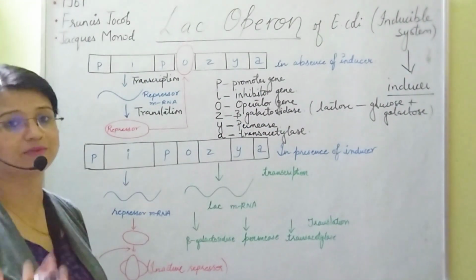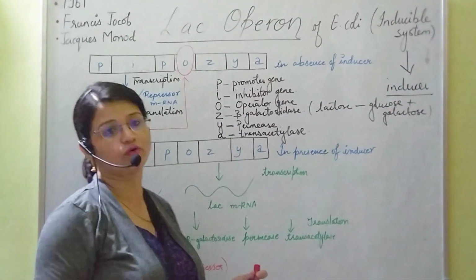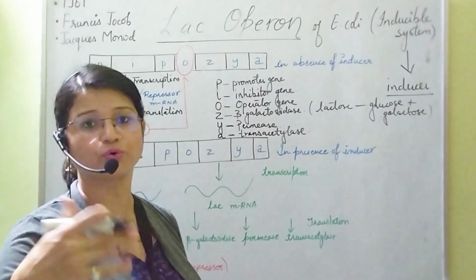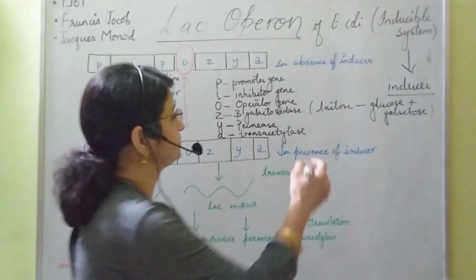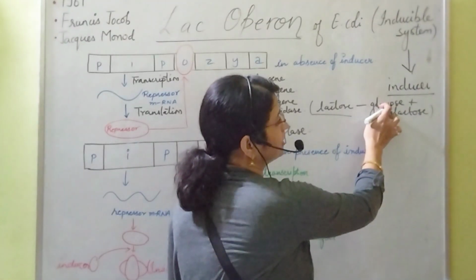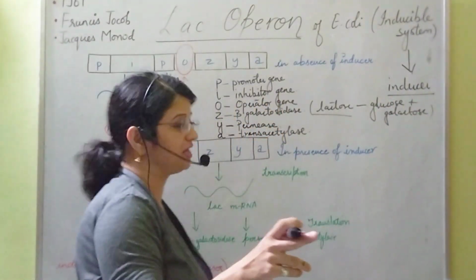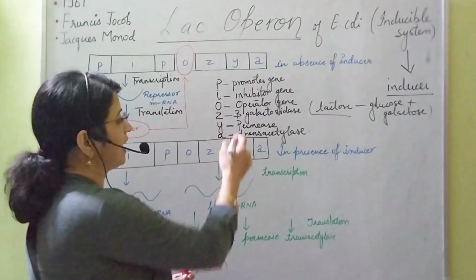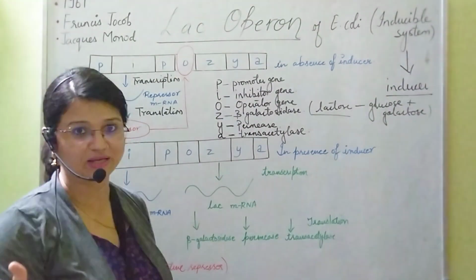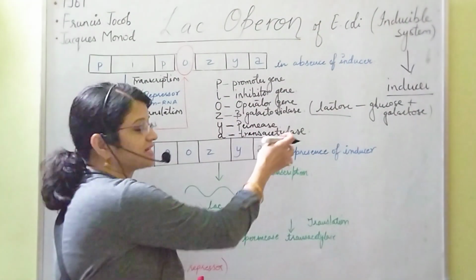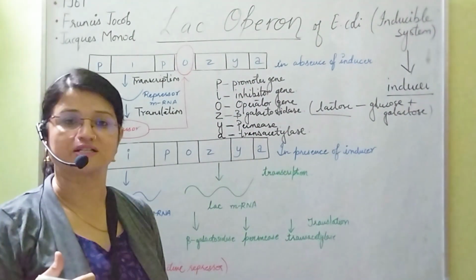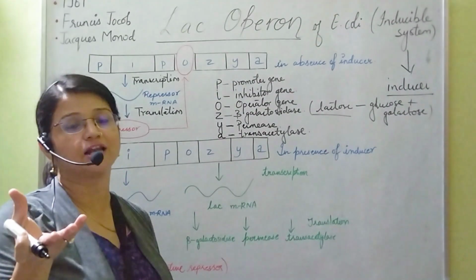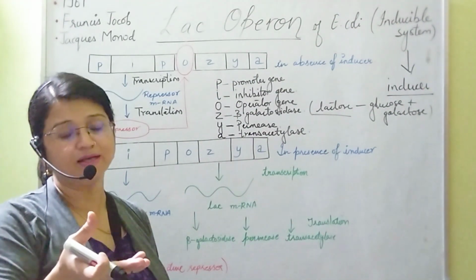These three enzymes are required for the breakdown of lactose into glucose and galactose. Lactose will be converted into glucose and galactose only when the enzyme beta galactosidase is present. Permease causes the permeability, and transacetylase is required to transfer the acetyl group from coenzyme A to the beta galactoside.